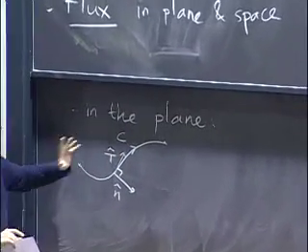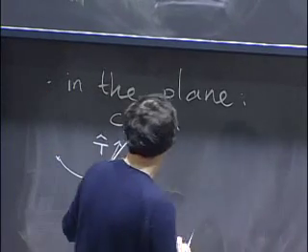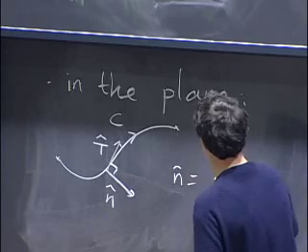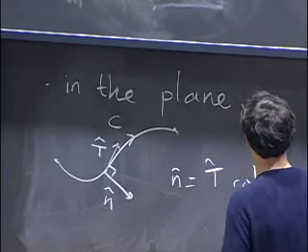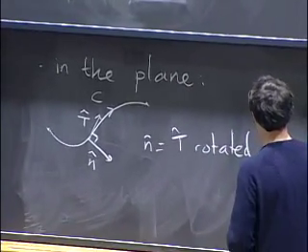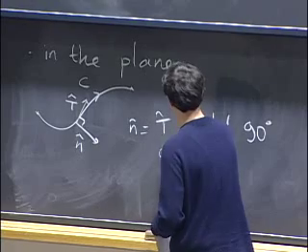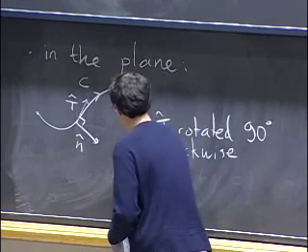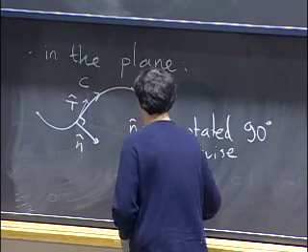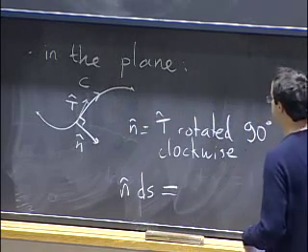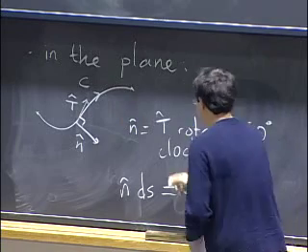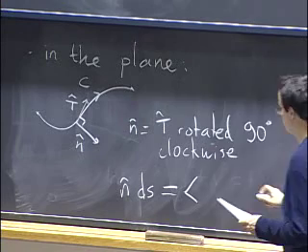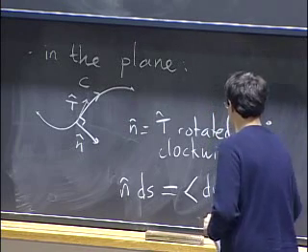So that's our convention for orienting curves, and we're always going to be using that one. So n equals T rotated 90 degrees clockwise. In particular, that means that n ds, which is what we integrate against when we compute flux, will just end up being dy comma negative dx.